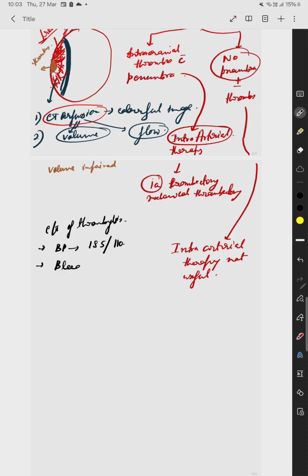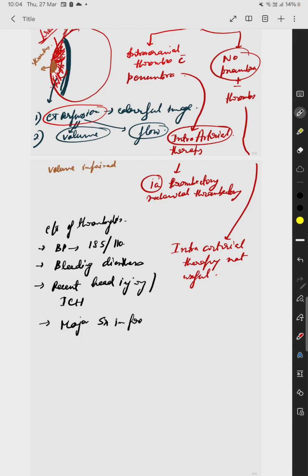Another is if there is any bleeding diathesis, any recent head injury or intracranial hemorrhage, or any major surgery in the preceding 2 weeks, GI bleed in 3 weeks, a recent MI.